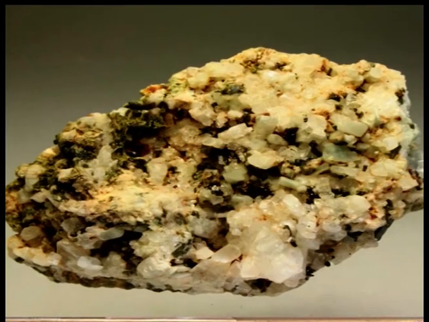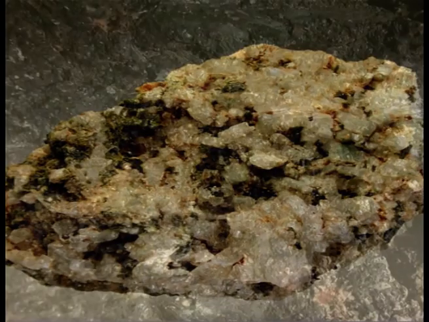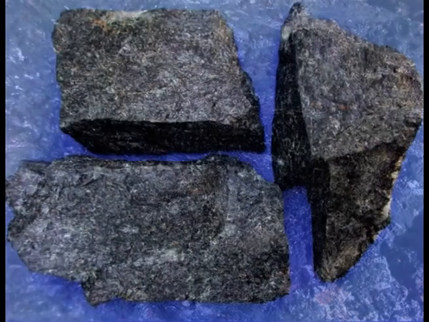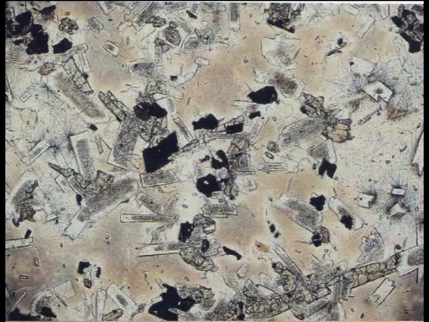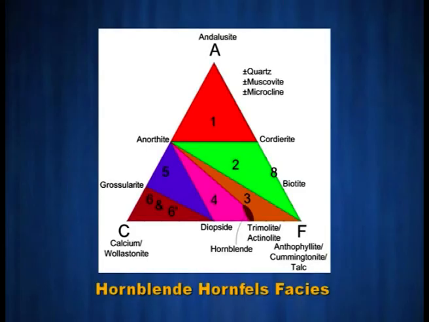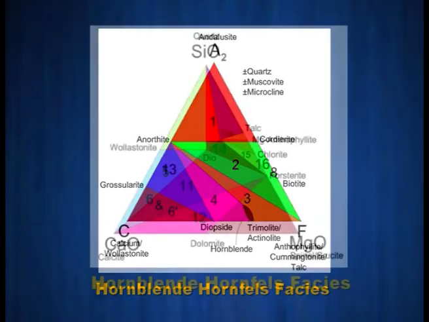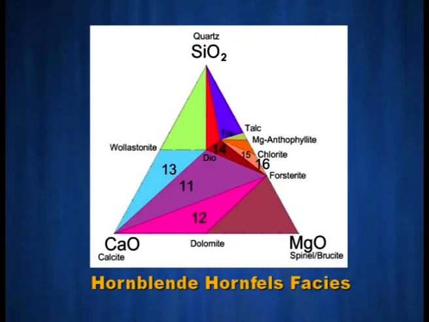Then in that case, we have to summarize all the 4 different facies, that is albite epidote hornfels facies, hornblende hornfels facies, pyroxene hornfels facies, and sanidinite facies, only with the help of ACF and CaO, MgO, SiO2 diagrams, and we have to describe only the calcareous assemblages.